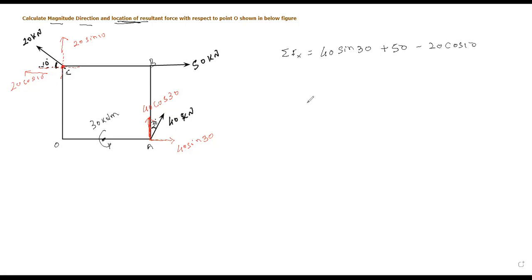Now please give me what is your answer of sigma Fx, with sign of plus or minus. Just a minute. Please give me the answer in the chat box.